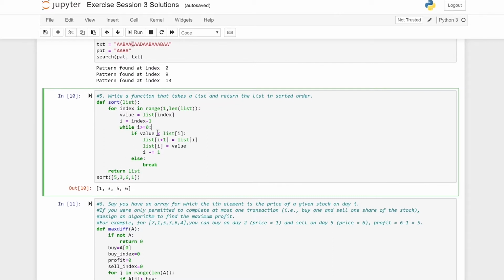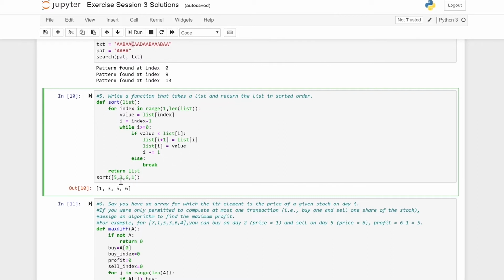While i is greater than 0, because otherwise I cannot use this, if this value is smaller than list[i], if 3 is smaller than 5, that's what it means, then list[i+1], which is the position of 3, is going to be 5. Now 5 is going to be here, and then list[i] is going to be value, which is 3.